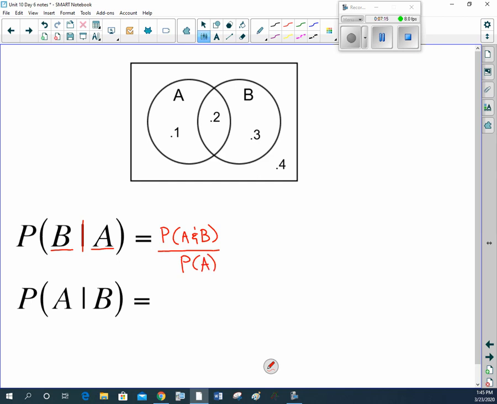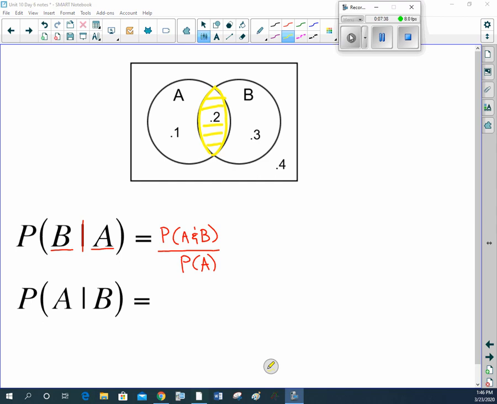Okay, so if we look up here in our Venn diagram, the probability of getting A and B looks like that would be, right here, A and B, the middle part of our Venn diagram.